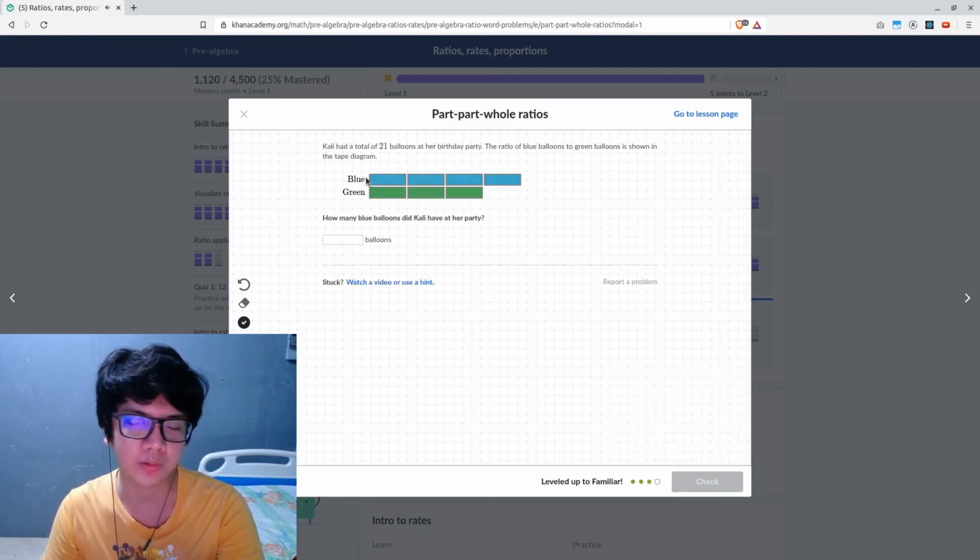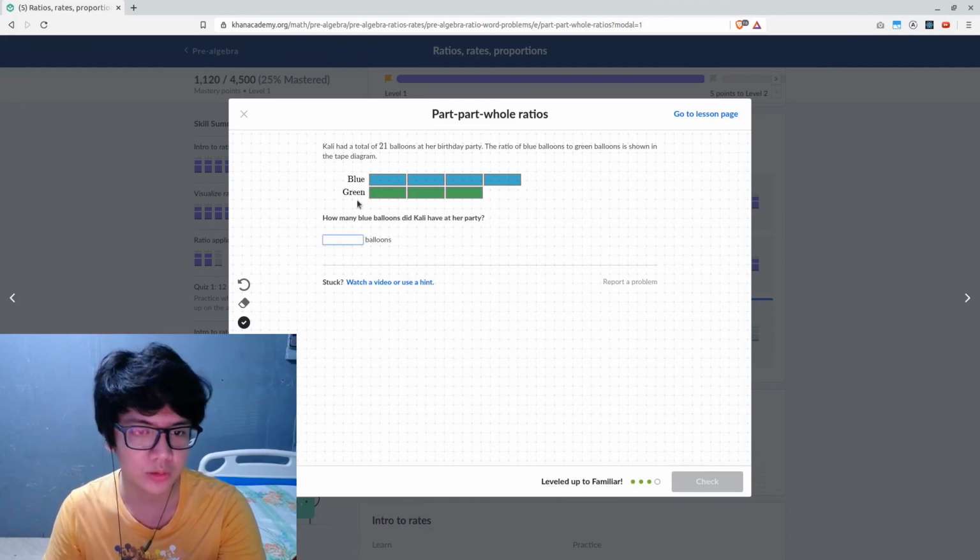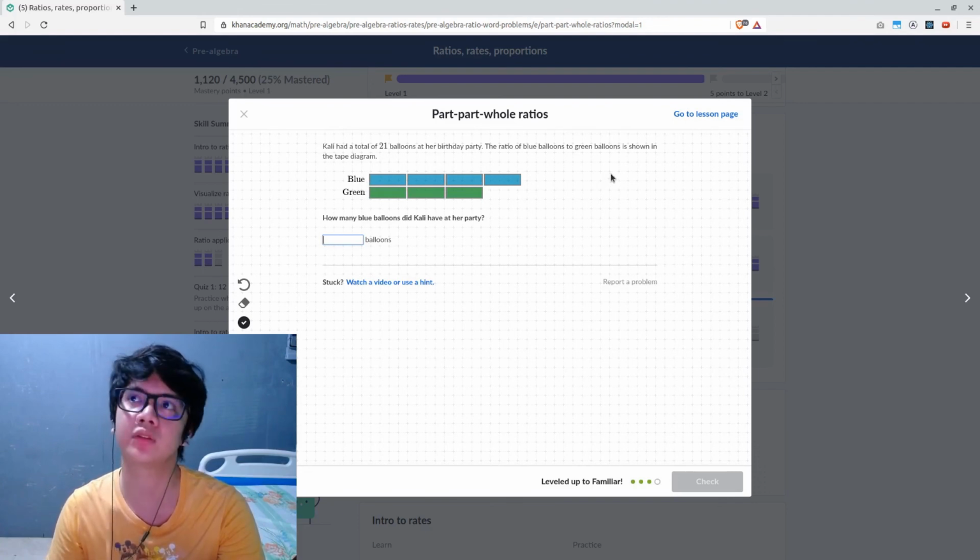Kali had a total of 21 balloons at her birthday party. The ratio of blue balloons to green balloons is shown in the table. 4 to 3. Blue balloons. Okay, so to get from 4 to 21.